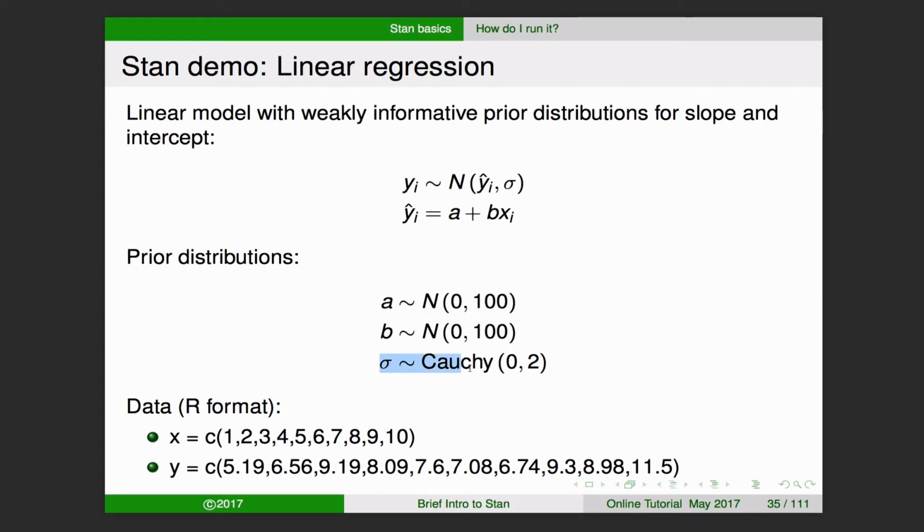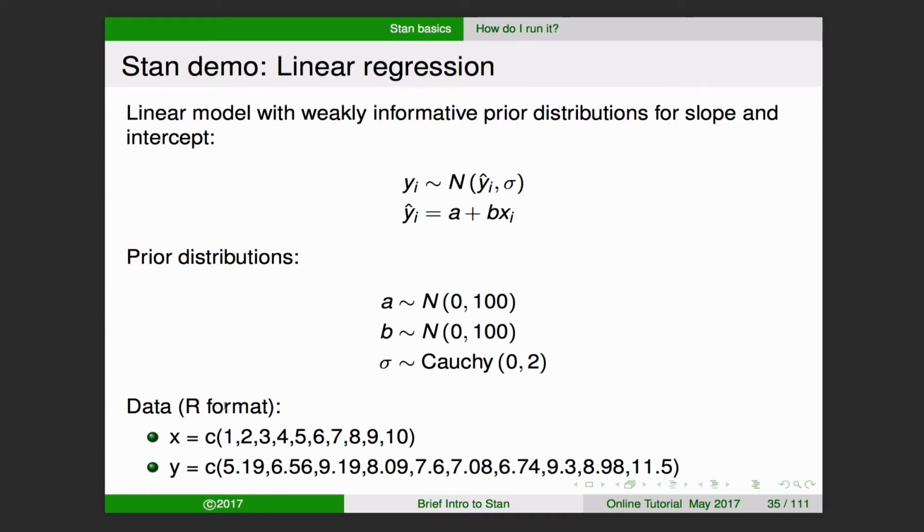And then for sigma, actually I'm being a little sloppy here. I said I'm using a Cauchy distribution with a location parameter of 0 and a dispersion parameter of 2. That's actually not quite right. We're actually going to use a half Cauchy, so we're only going to use the right half of the Cauchy distribution for this, and we'll see how we implement that.